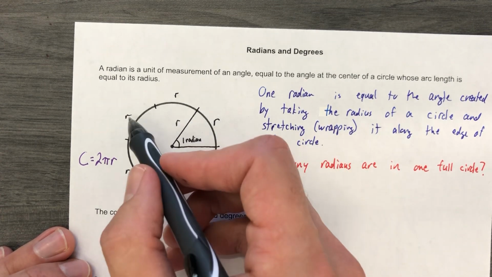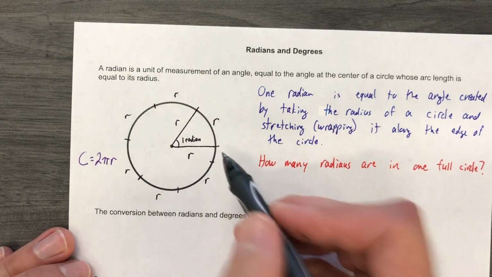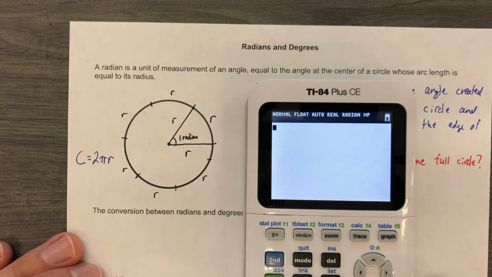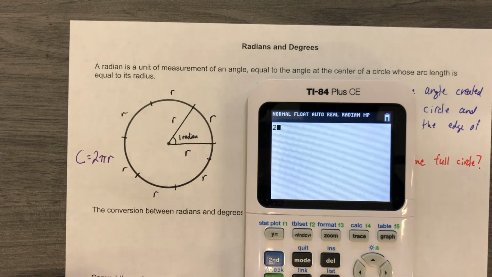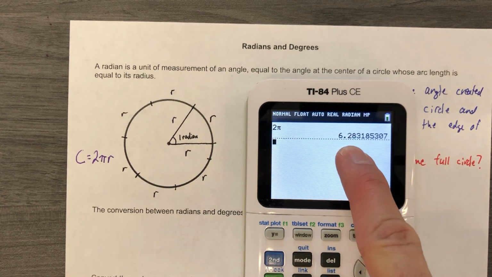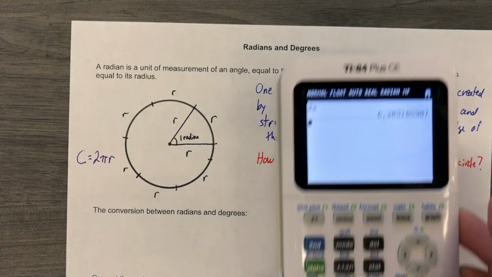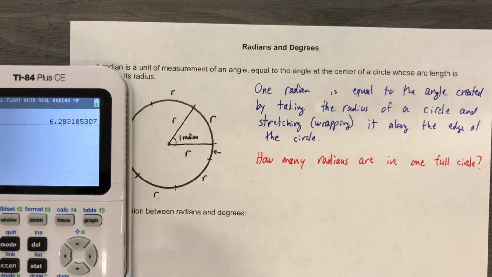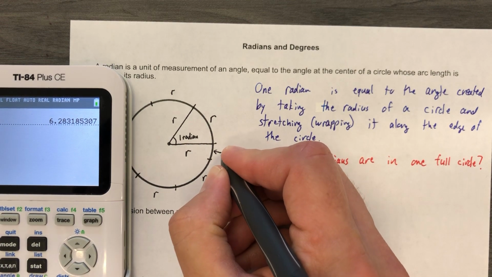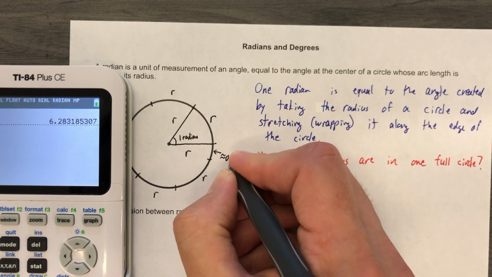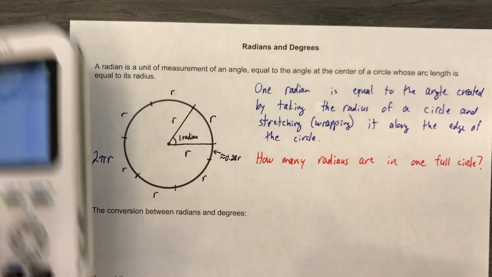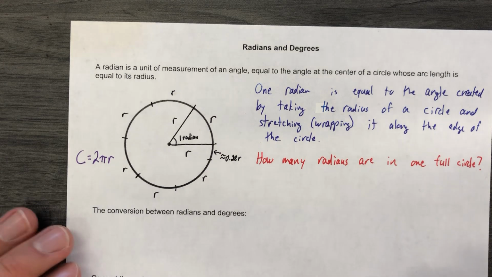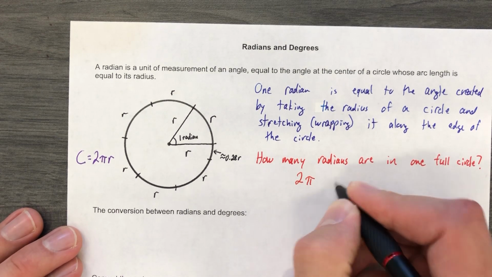We have 1, 2, 3, 4, 5, 6, and a little bit more radii left over. 2 times pi is a little more than 6. So this right here is about, not exactly, but approximately 0.28 radii, and that is going to bring us all the way back around to one circle. So the answer to this question written in red, how many radians are in one full circle? 2 pi radians.